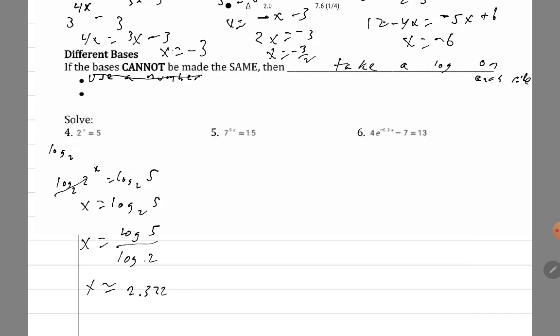Alright, next problem. 7 to the 9x equals 15. Take the log base 7 on both sides. So I'll get 9x equals log base 7 of 15.